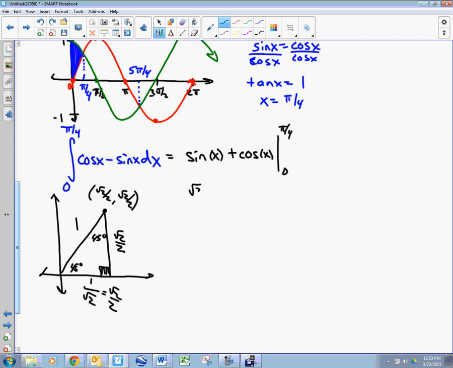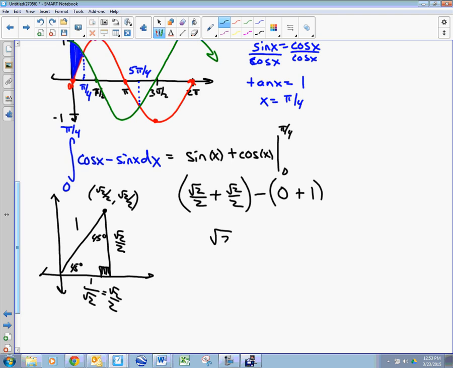So we have root of 2 over 2 plus, is cosine the x value or the y value? The x value, root of 2 over 2 minus, plug in 0 and you get 0 plus 1. What is the root of 2 over 2 plus the root of 2 over 2?